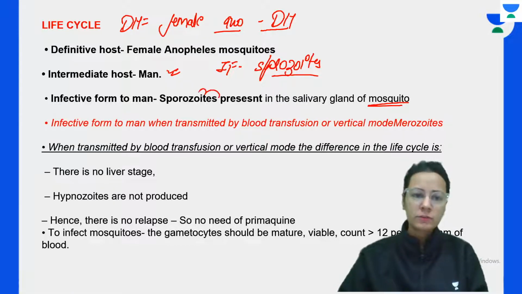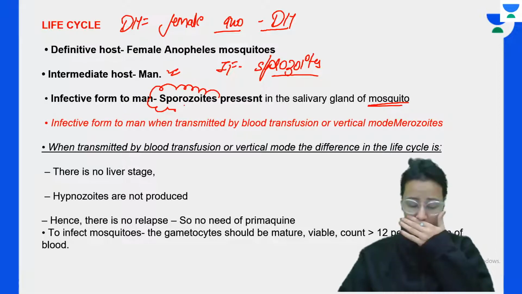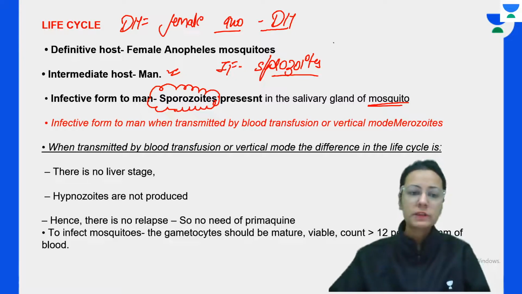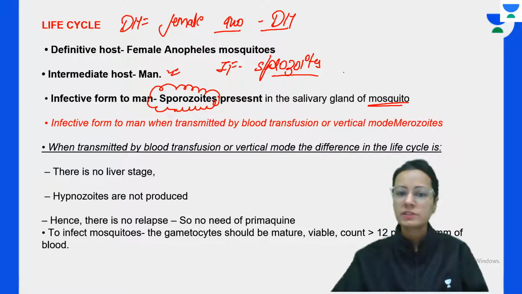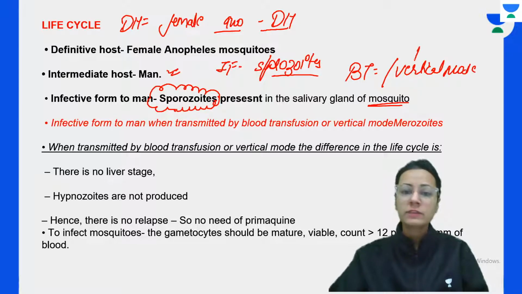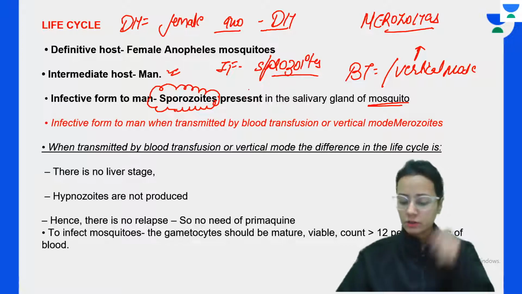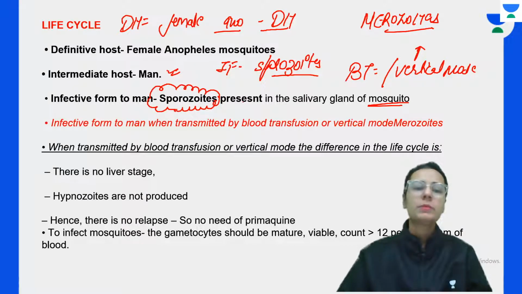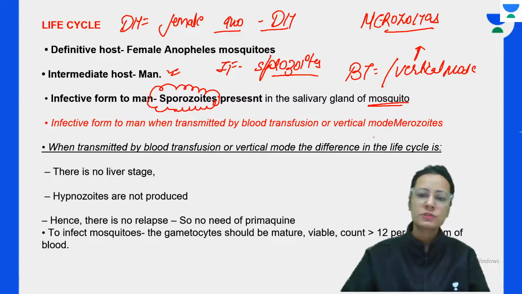Although the infective form is the sporozoite, what is the infective form when it is transmitted by blood transfusion or by the vertical mode? In that case, the infective form will be merozoites.